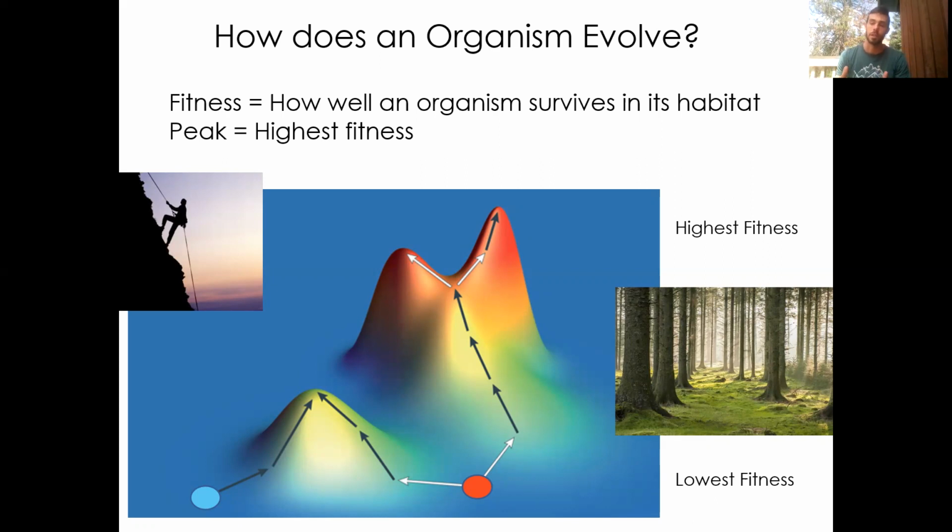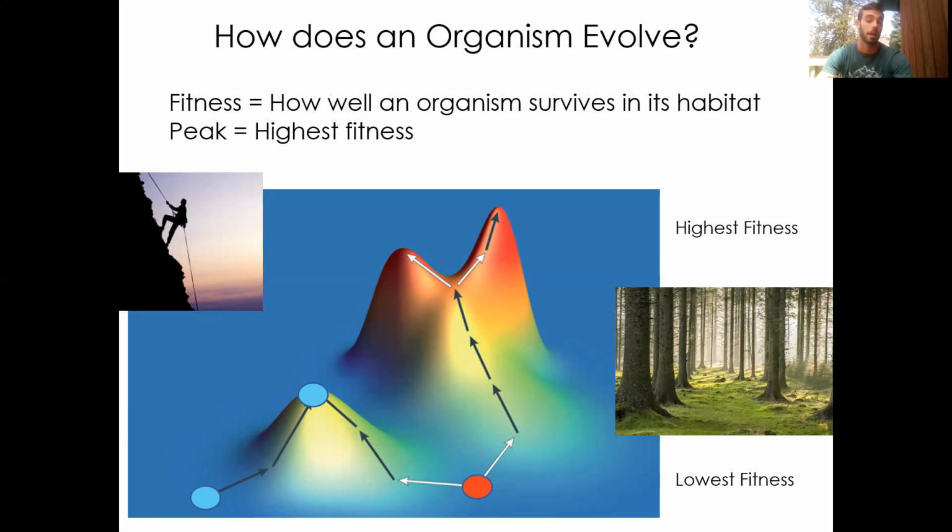Let's take, for instance, species blue goes up this tiny hill. It's not the highest it can go, but it's the highest it currently can be at right now in this particular environment. It can't go any higher. It's kind of trapped on this little island.